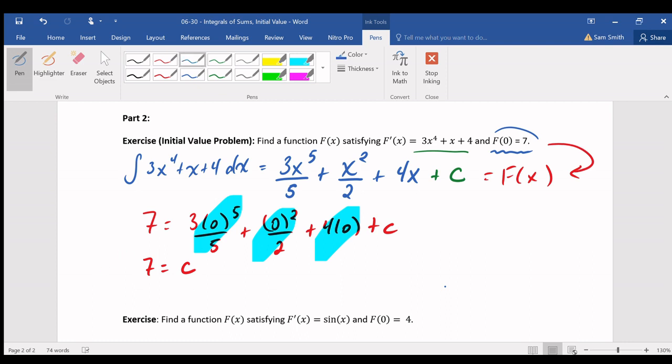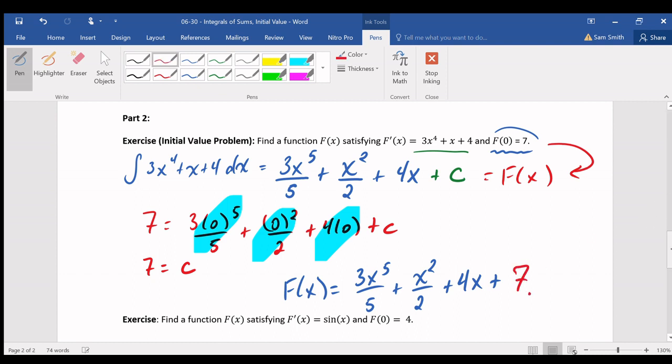And therefore, I can conclude that the F of x, the particular antiderivative that they're interested in, must be 3x to the 5th over 5 plus x squared over 2 plus 4x plus what we now know to be 7. And now this would be my final answer to this initial value problem.